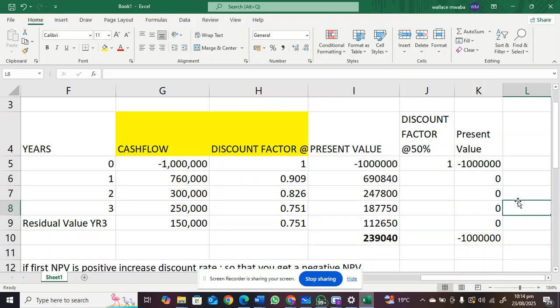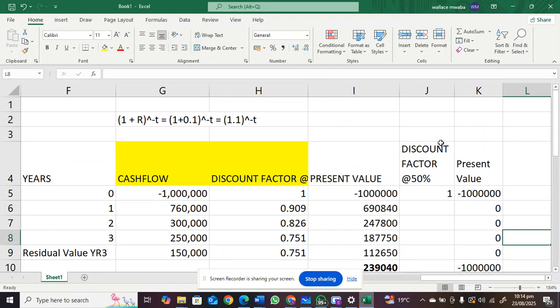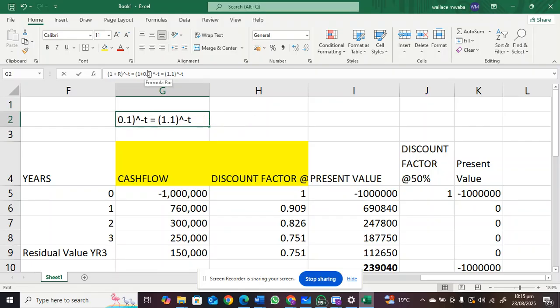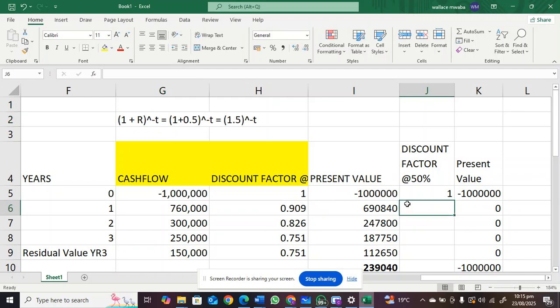Since R is 50%, which is 0.5, our discount factor would be 1.5 to the power negative t.